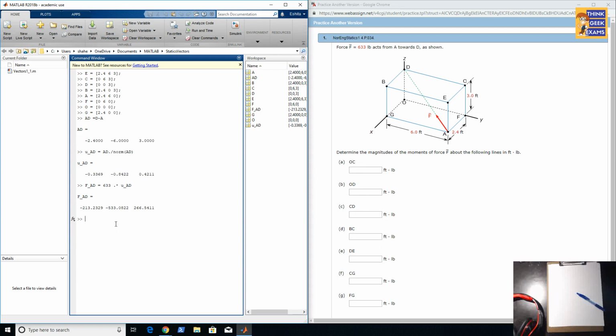So OC is this line over here, and let's get M around the point O, and that is going to be cross A, F AD.